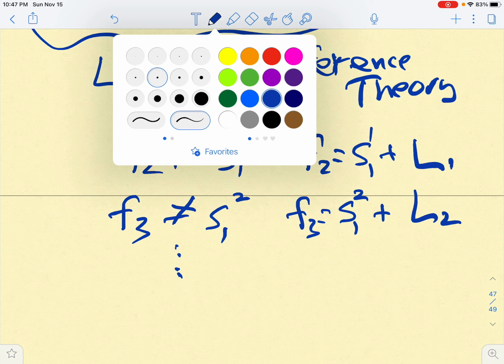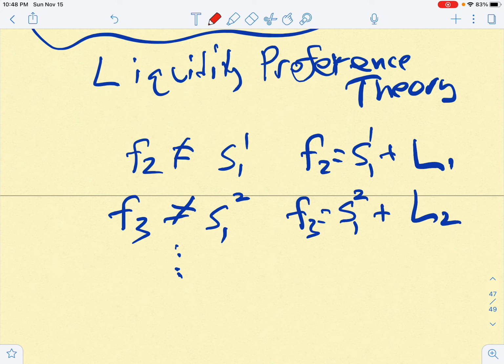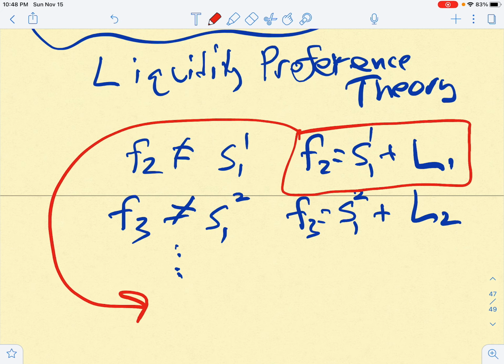So here I'll switch to red, and I'll focus on this one right here, and I'll draw an arrow down. And what this implies is that the 1 period spot rate at date 1 is equal to the forward rate over the second period minus that liquidity premium.